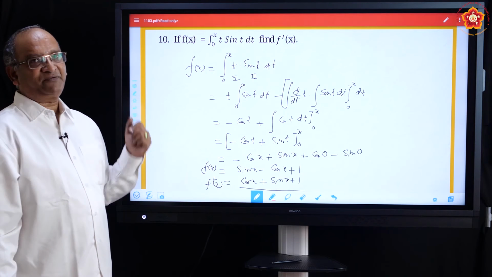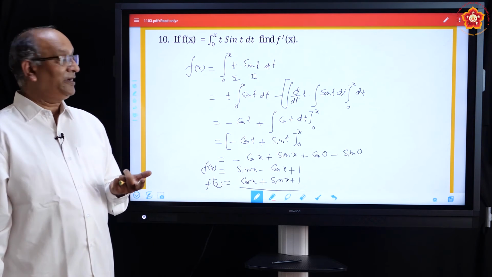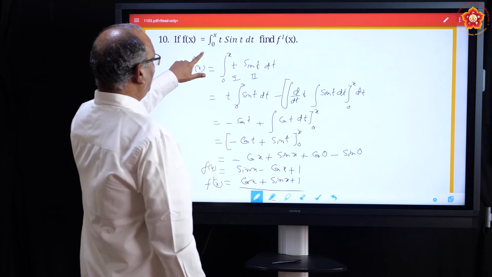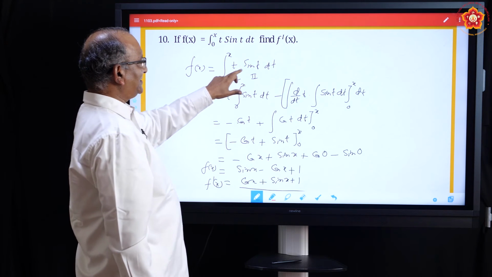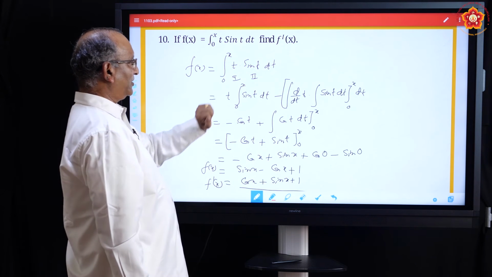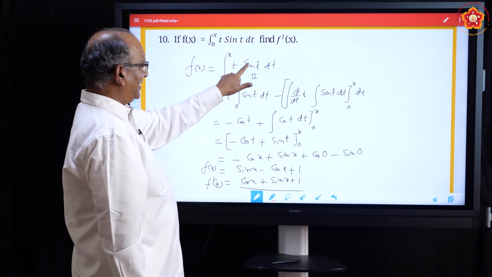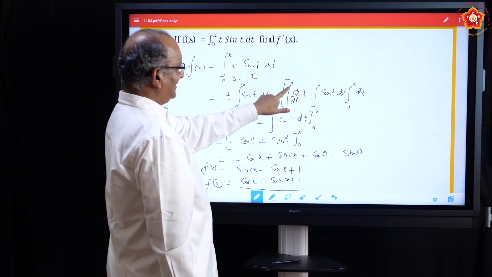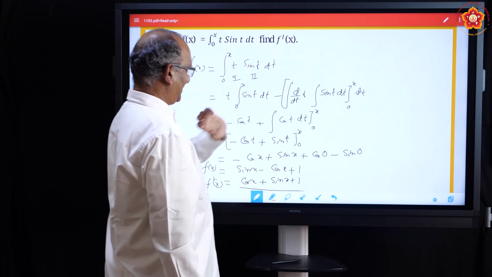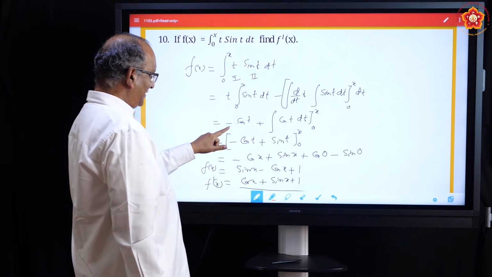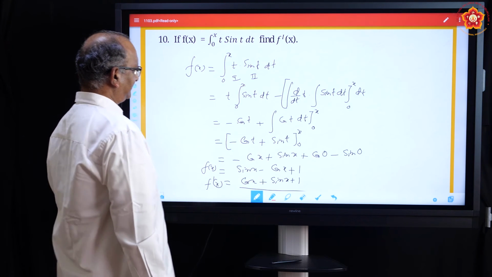Just have a quick glance that we have not made any mistake. The problem is integral 0 to x of t sin t dt. We applied the product formula: first function, integral of second, minus integral of d by dt of first into integral of second. So sin t integral is minus cos t.